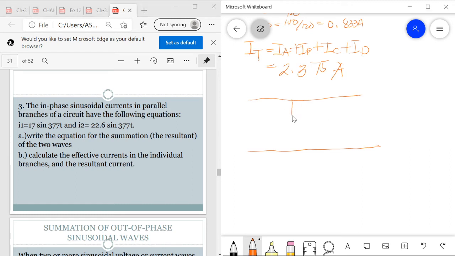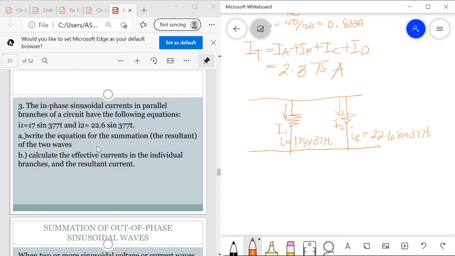So it is just a resistive load. Yung I1 natin dito ay may equation na 17 sine 377t and our instantaneous current here is 22.6 sine 377t.